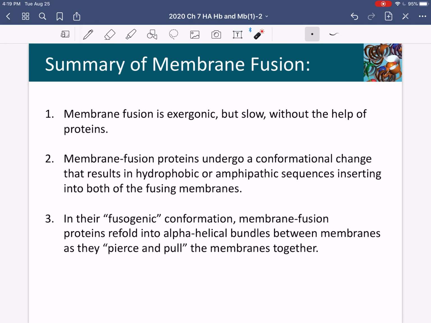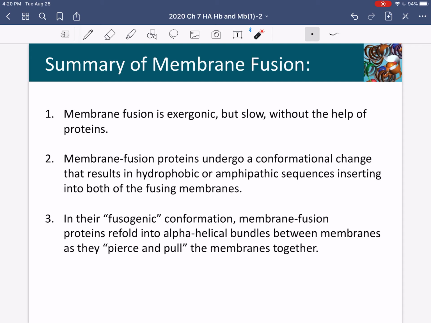So in summary, what I want you to take home from this lesson on protein function, where we apply what we've known about the heptad repeat of hydrophobic amino acids in the primary structure of coiled coils, in the coiled coils of enveloped virus fusion proteins. I want you to learn that membrane fusion is exergonic. No ATP is required.